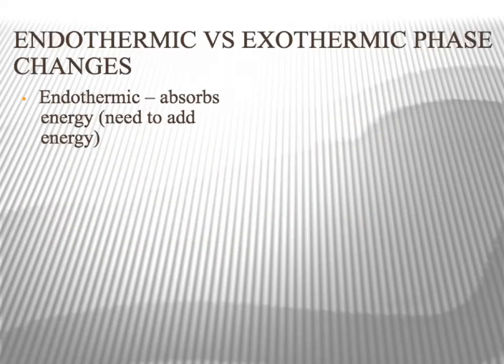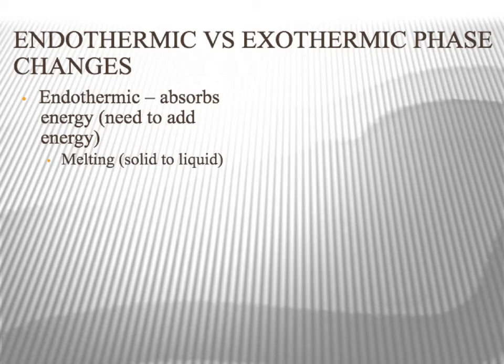All right, the other thing that we can say is we can classify these phase changes into endothermic and exothermic phase changes. And when we have an endothermic process, that means it's absorbing energy, or that we need to add energy or put energy into that phase change. So the first phase change that we're going to talk about that is an endothermic phase change is melting.